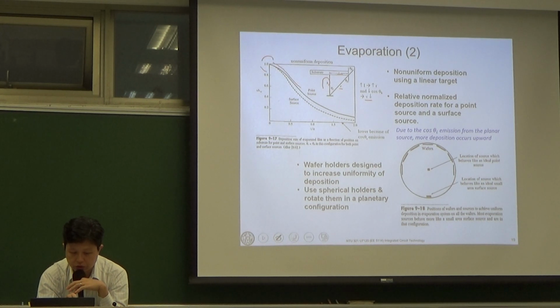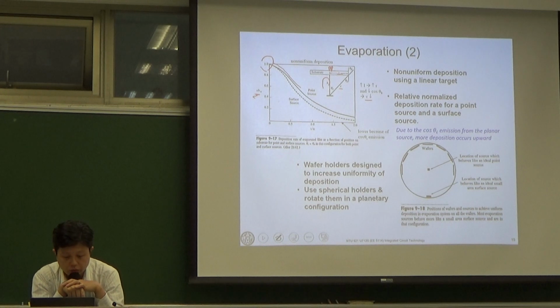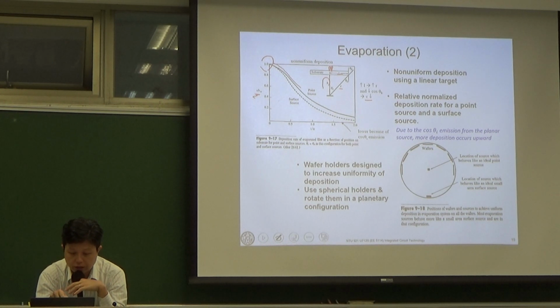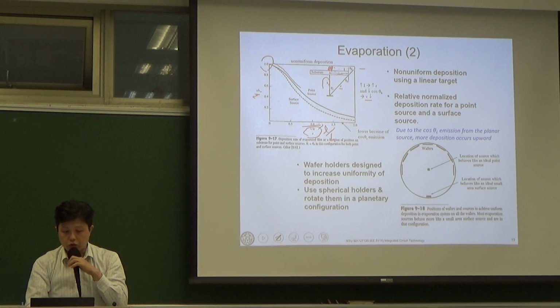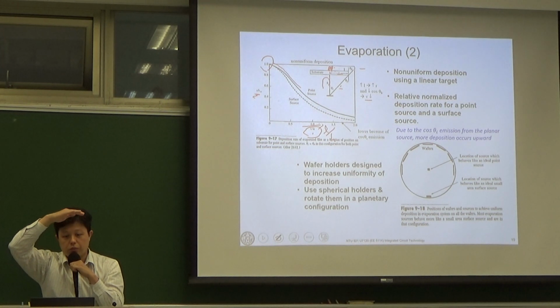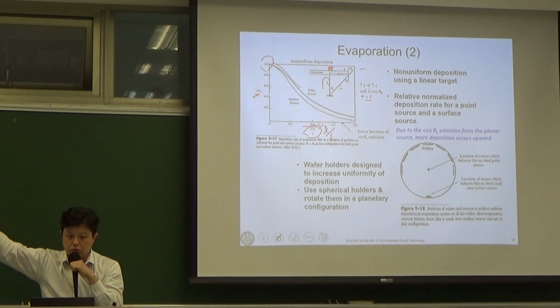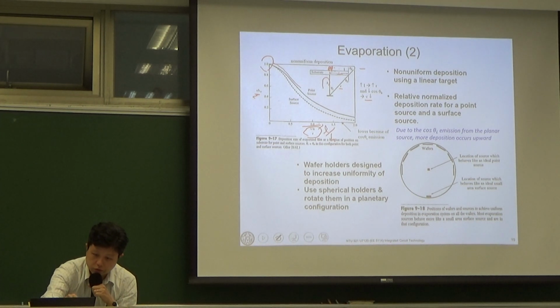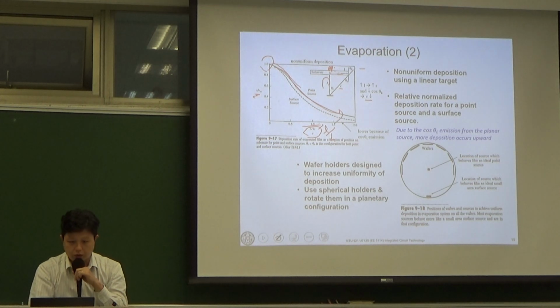We normalize to the growth rate at the center on the y-axis, and the x-axis is L over H. As we increase L, you move the wafer away from on top of the point source, and we can see the growth thickness continues to drop.